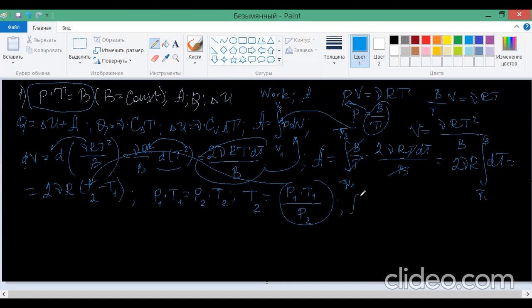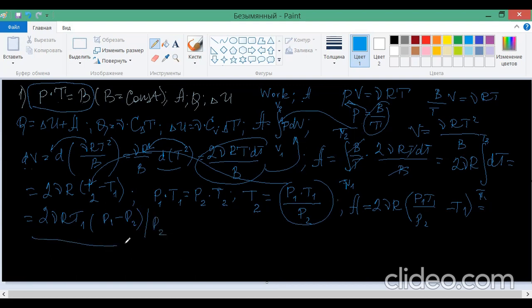And we will get that A is equal to the following. Okay, and also, in order to simplify it finally, we can put T1 before the round brackets, and we will get 2 nu R T1 times (P1 minus P2) over P sub 2.